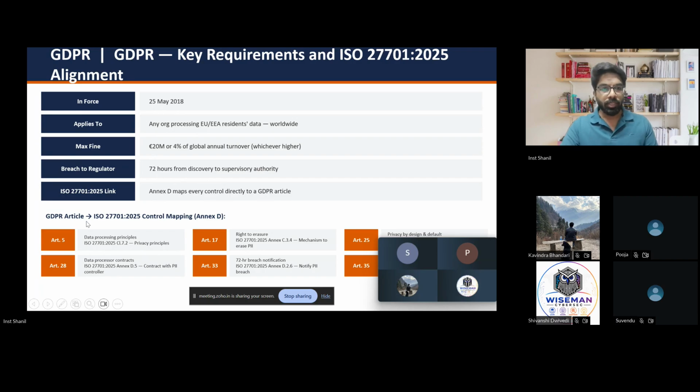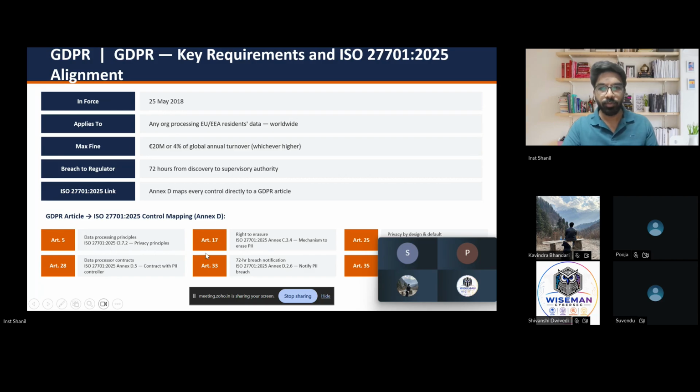Now, how are GDPR articles mapped in ISO 27701? We should discuss this once we have discussed the controls. Since you do not know about ISO controls as of now, it will be difficult to understand the mapping. But in short, there are 6 articles within GDPR which link to these particular clauses.